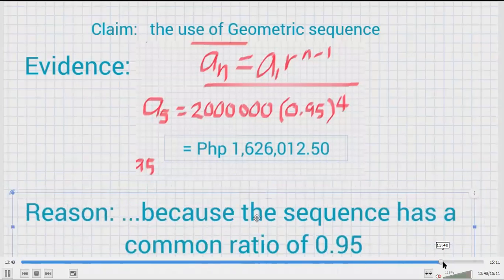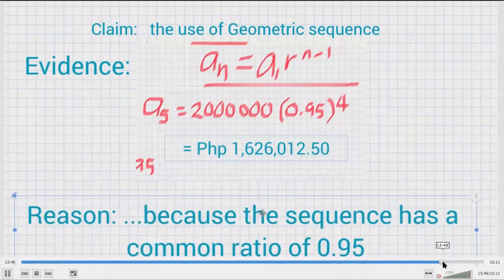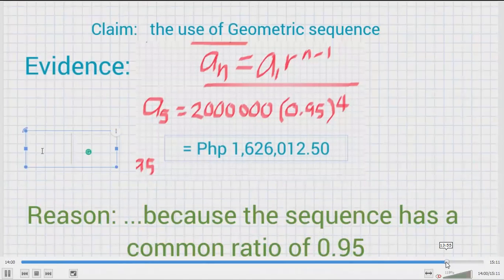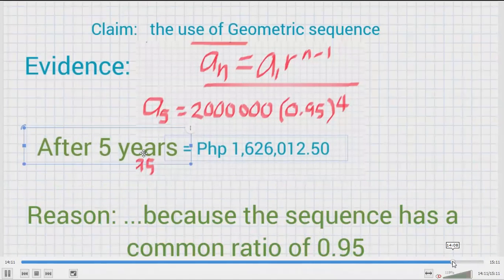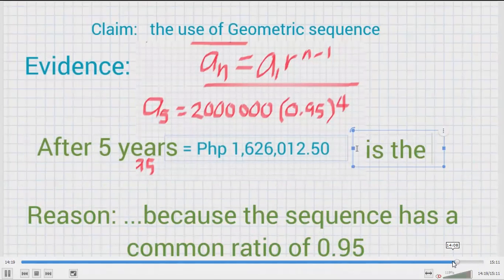The sequence has a common ratio of 0.95. So where do you get the 0.95? You can show the sequence or the pattern in the given sequence. So our complete answer is, after 5 years, 1,626,012 and 50 centavos is the price of the car.